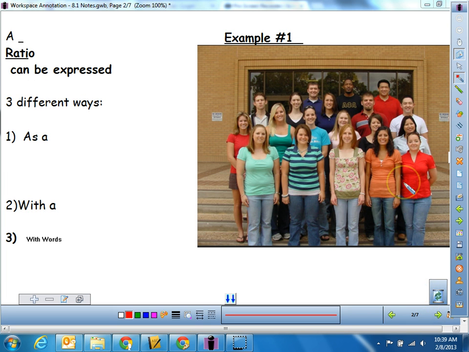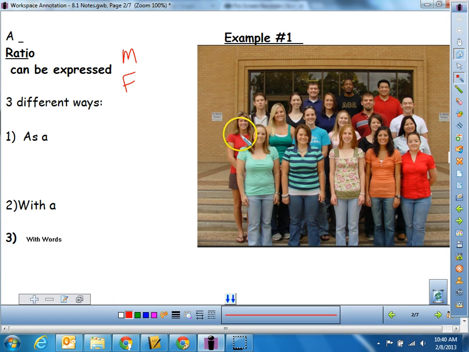I've got a picture here of a random class. I don't know who these people are, but I found them. And we want to figure out our ratio. Example 1, we said on the last slide, compare male students to female students. So the first thing we need to do is count how many males we have and how many females we have.